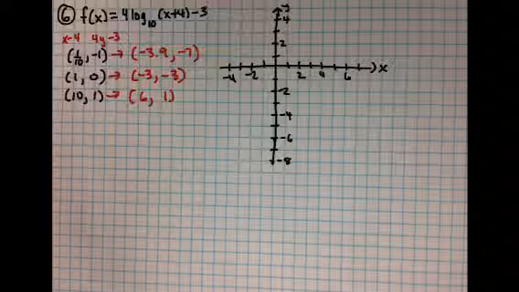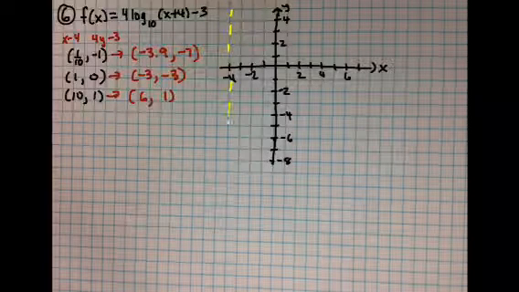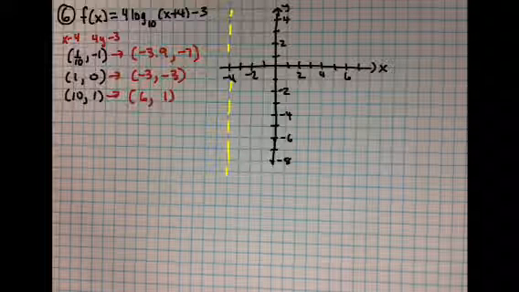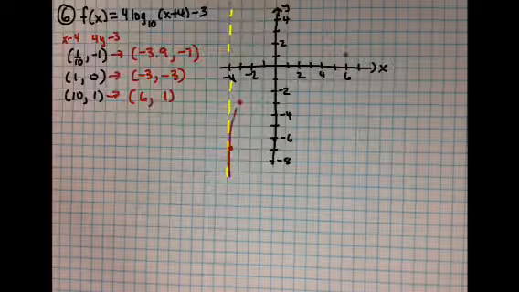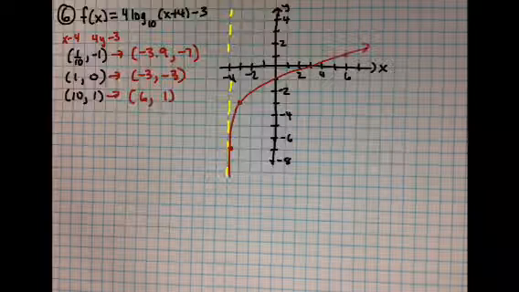So first off, I'm going to draw the vertical asymptote at x equals negative 4. Right here. And then the points are negative 3.9, negative 7. So about here. Negative 3, negative 3, 1, 2, 3. And 6, 1 right here. So something like that.